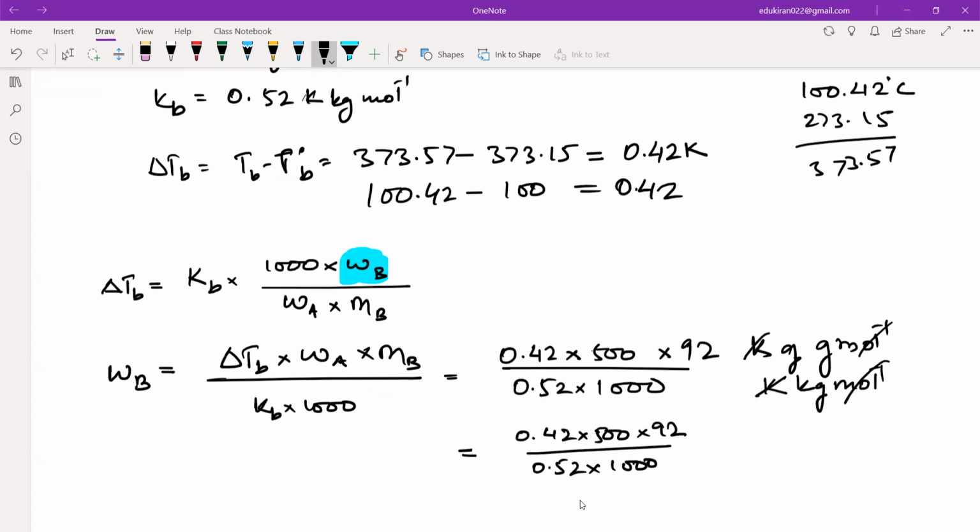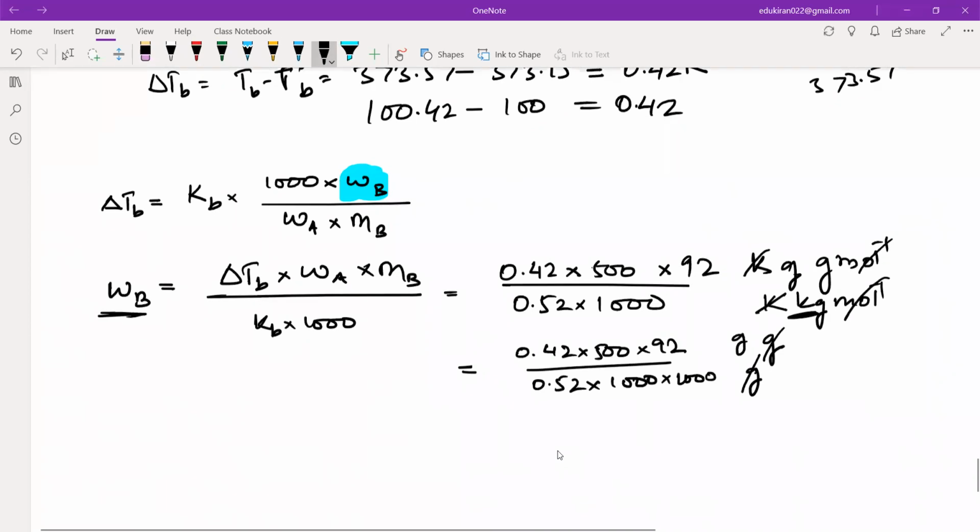Here again you have 1000, yes or no? Look at this one, this is again kg. Now we want this in terms of grams, so you have to again divide by 1000. Then this k will be gone, we will just have grams, and two grams are there, so one gram will cancel the other and you get the answer in terms of grams.